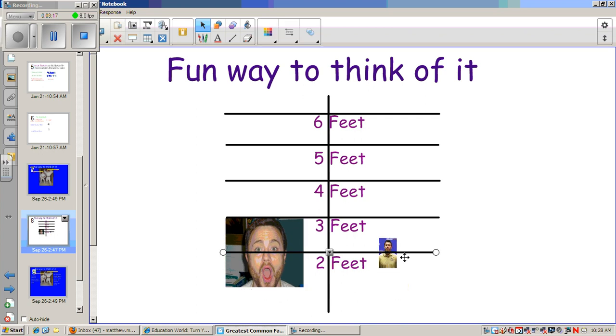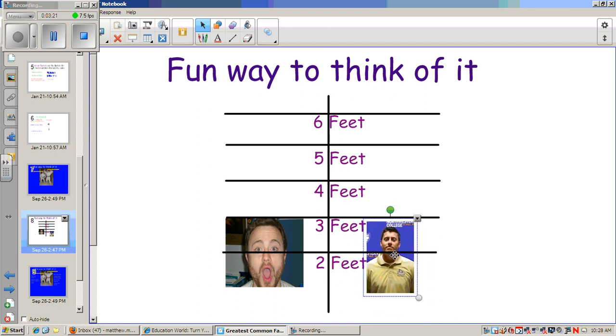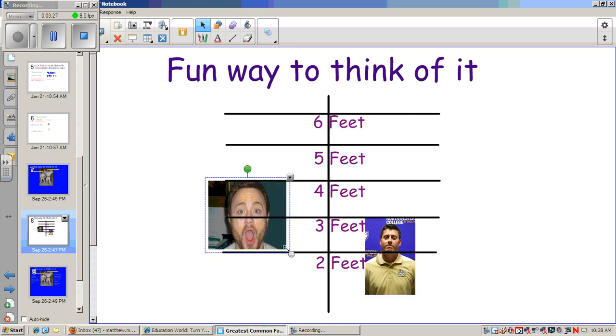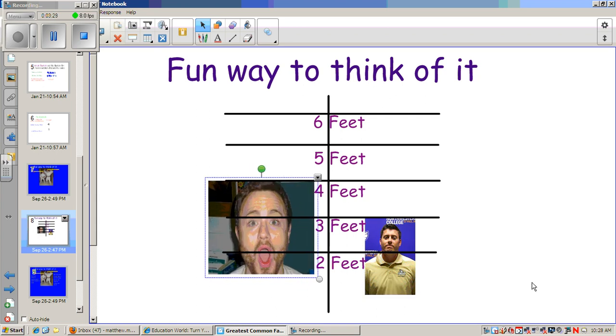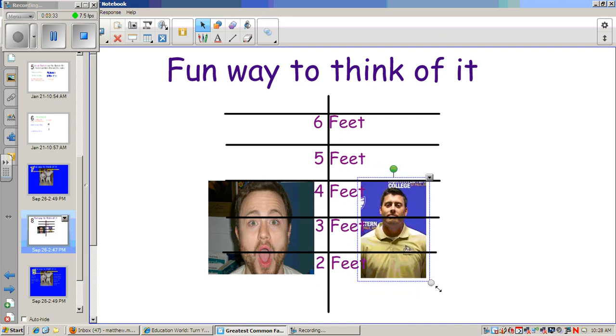Mr. Moore hit 3 feet also in order to get to 6 feet. At some point, Mr. Rockenstein hit 4 feet in order to get to 5 feet 3, and Mr. Moore hit it too. Doesn't matter when they hit it. At some point, they both went through 4 feet.